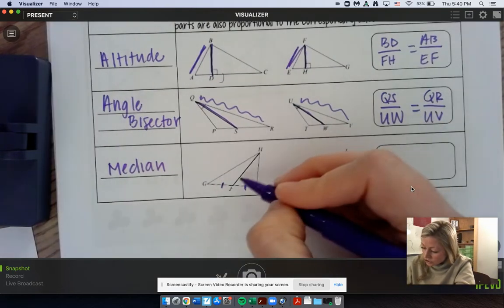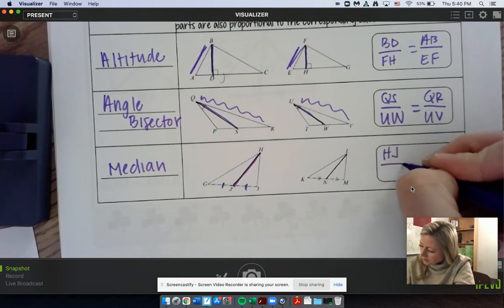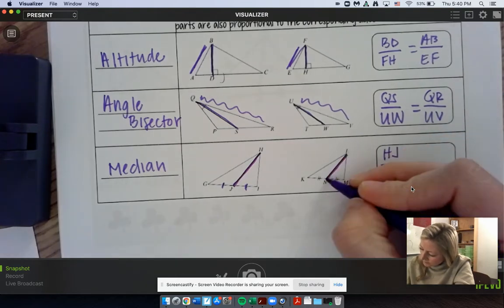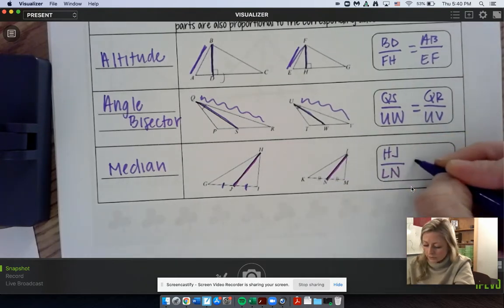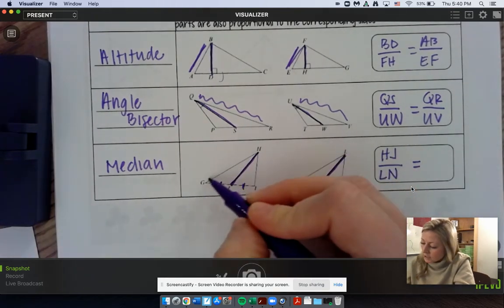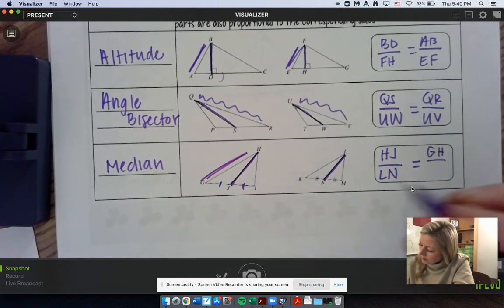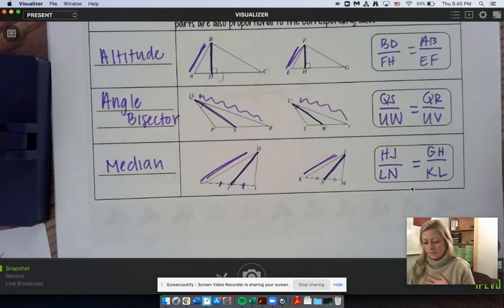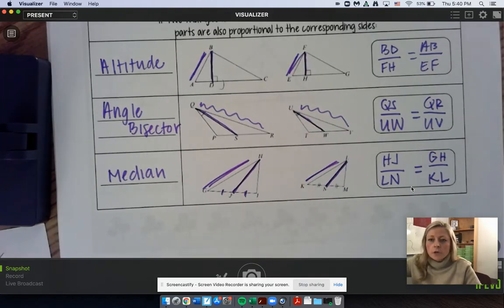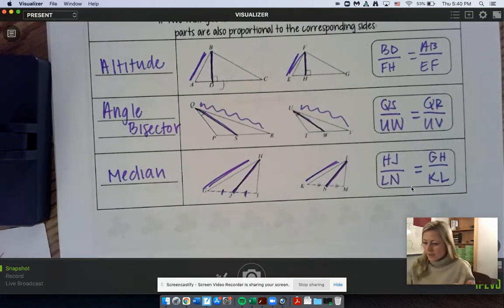This median, JH, or HJ, over this median, LN, is equal to, pick sides that you want. I'm going to say GH. What matches GH? KL. So this is our generic form that would work in any triangle. Let's try it now in some actual examples, okay?